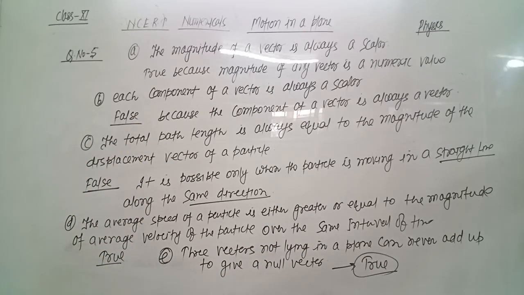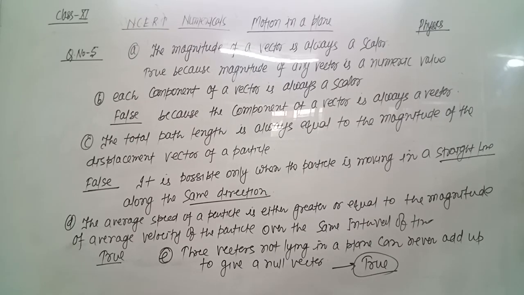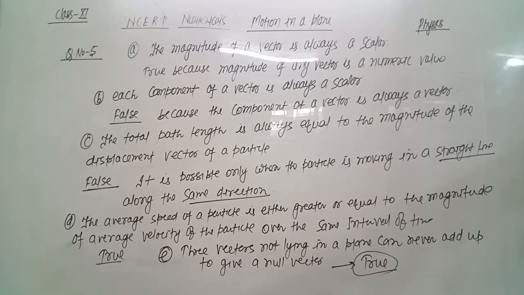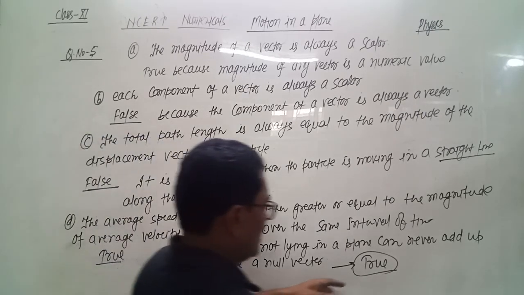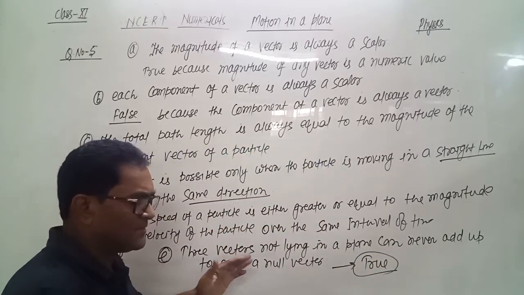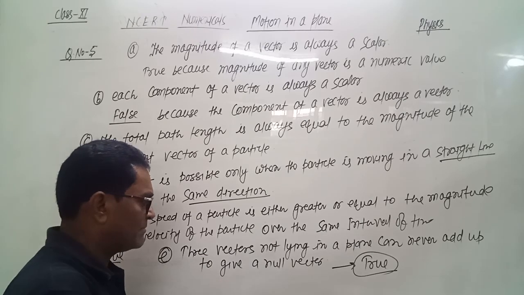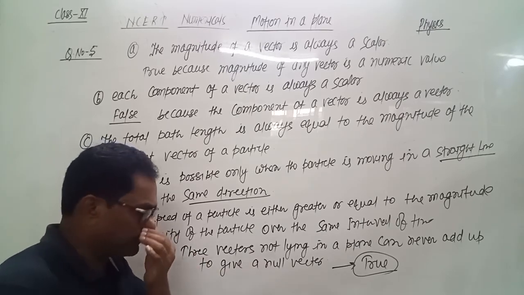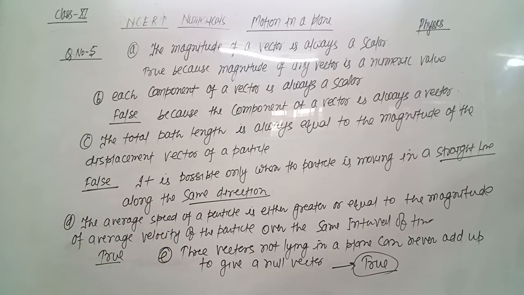If the three vectors are not lying in a plane, then we can't add them up to get a null vector. So to get the null vector, the three vectors must lie in a plane.